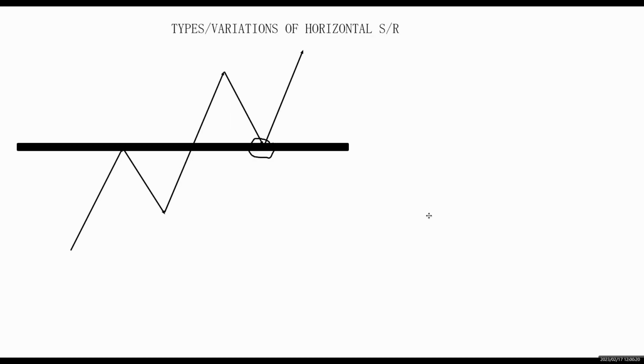And many people actually just think that if the price, for example, breaks this level and just gives us something like this, then this particular level right here is not valid anymore, because it has broken it and it's disrespecting it, which is what leads us into the second type of horizontal support and resistance.